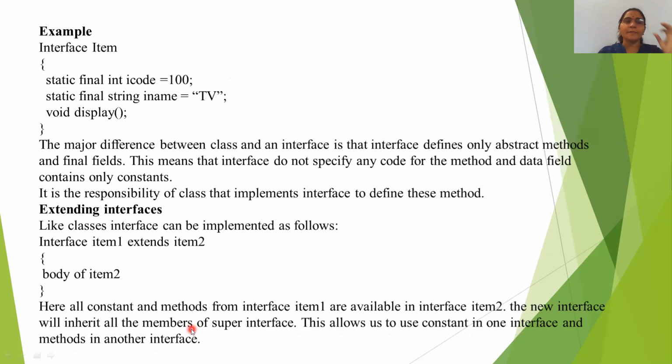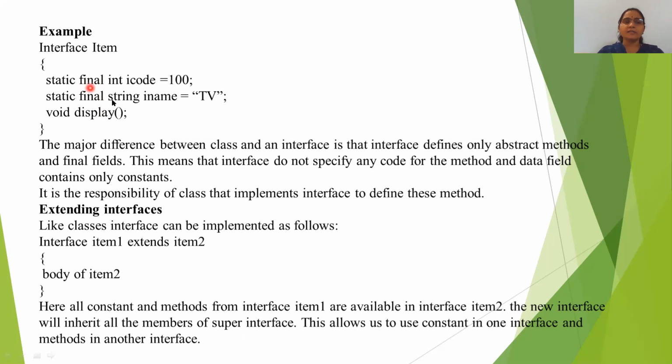This is the example of an interface. Interface, interface name: interface is the reserved word, item is the name of the interface, and into the body of the interface I have declared two variables, icode and iname. I have declared those variables as static final.